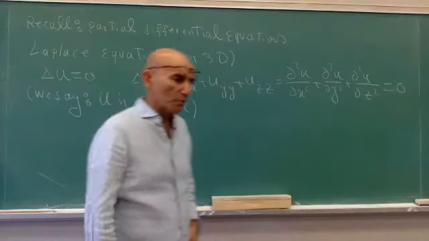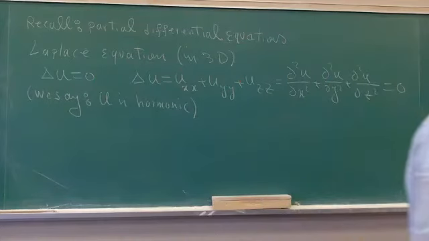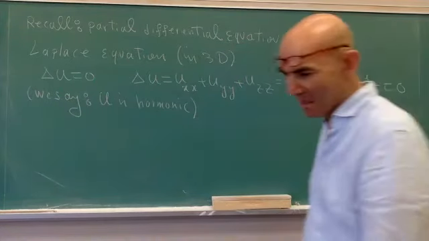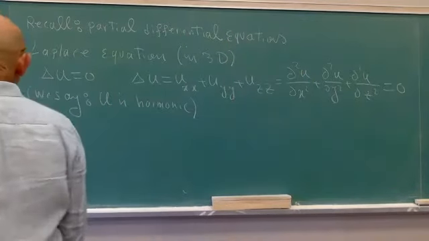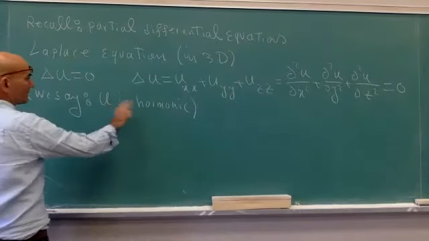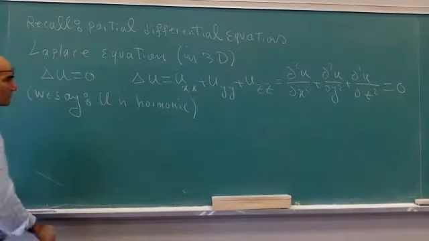Probably even this name was coined by Laplace himself. He didn't want to call them Laplace functions. Anyhow, so we have these harmonic functions, and this we already discussed, right?